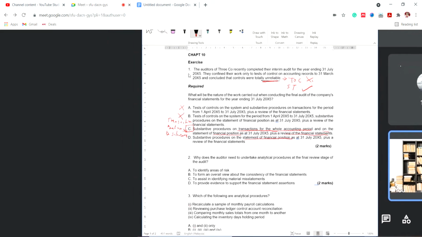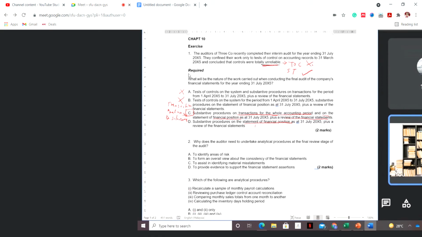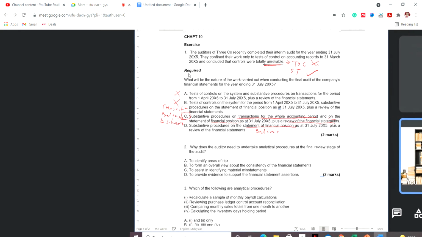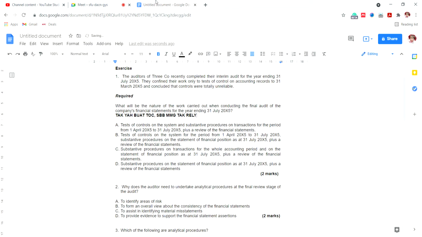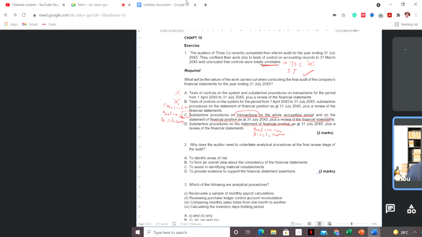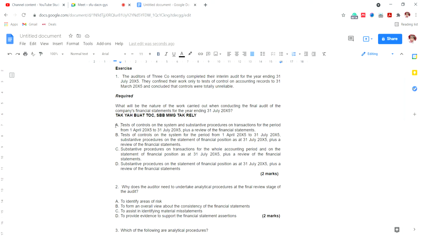Tapi untuk D ni dia fokus kepada satu saja, balances, dua saja, balances and disclosure. Okay, dia tak ada buat kepada transaction. So that's why D is wrong. So when you perform the substantive test, you have to perform the test of detail. Test of detail includes the transaction, balances and disclosure.